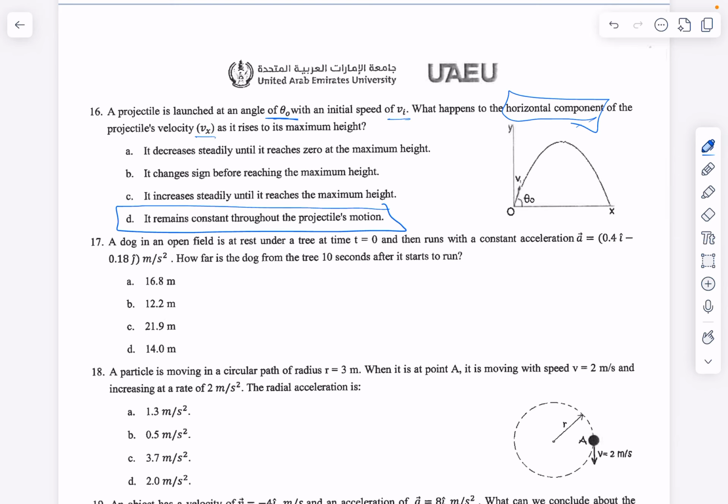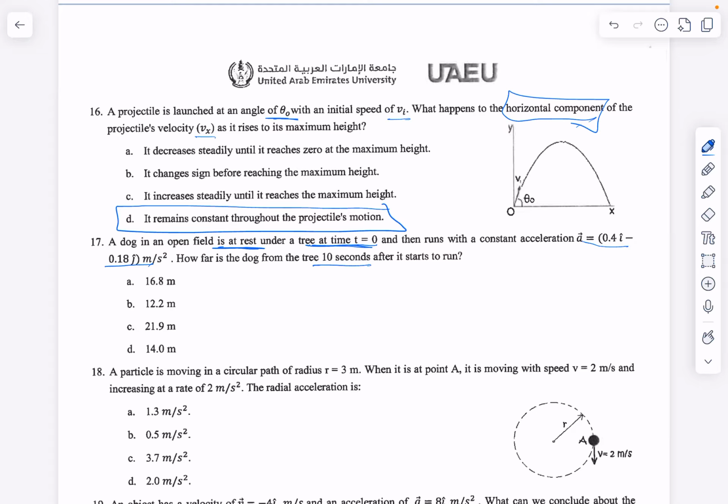So a dog in an open field is at rest, which means its initial velocity is 0. So at time t equals 0, it then runs with constant acceleration. How far is the dog from the tree 10 seconds after it starts to run?